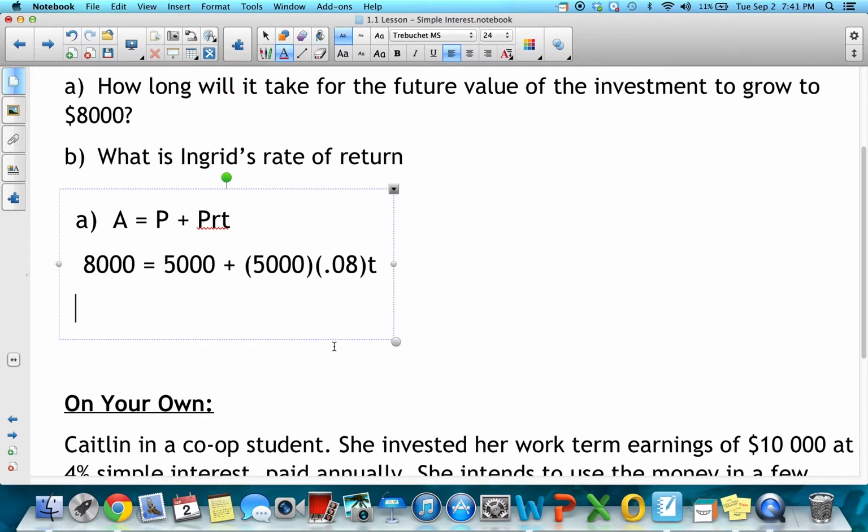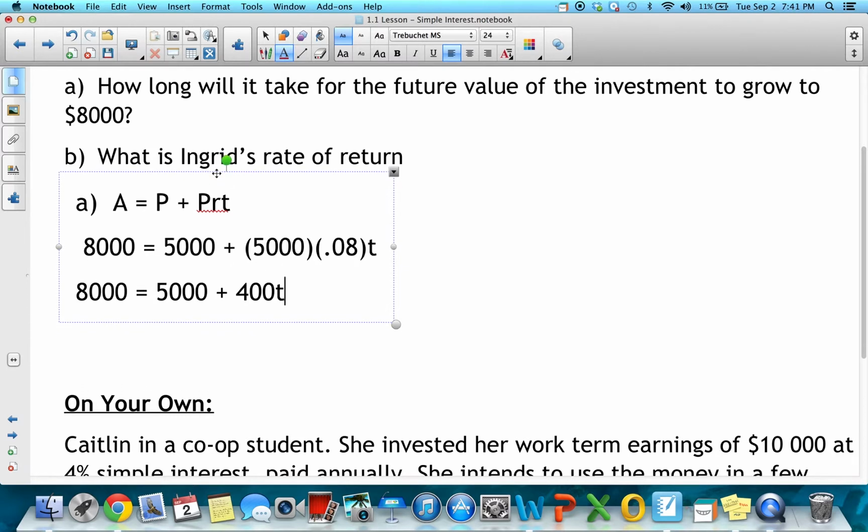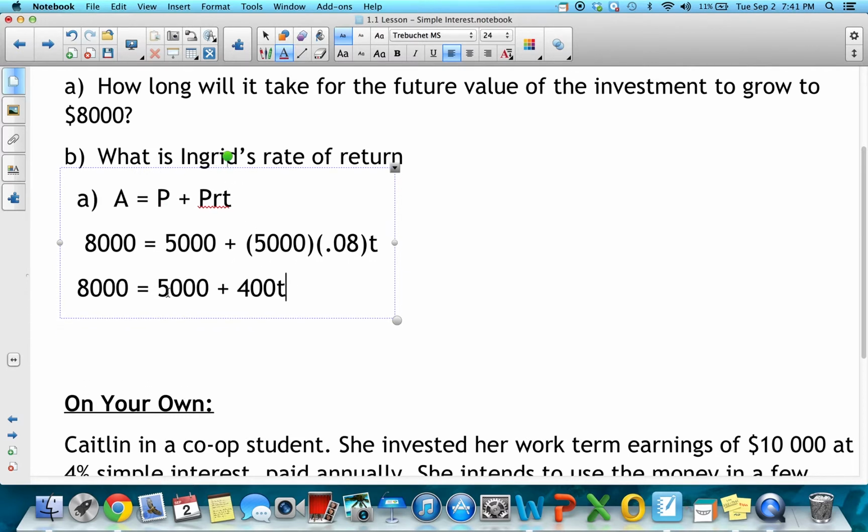I'm going to first do the multiplication right here of 5,000 times 0.08. So I'm going to have 8,000 is equal to 5,000 plus 400t. I now need to work to isolate this t variable. So I'm going to get rid of this 5,000 by subtracting 5,000 from both sides.